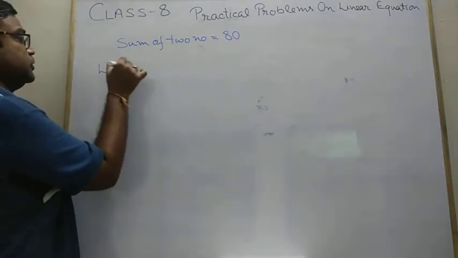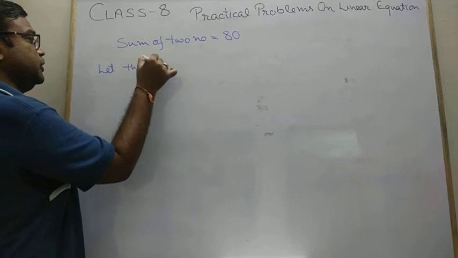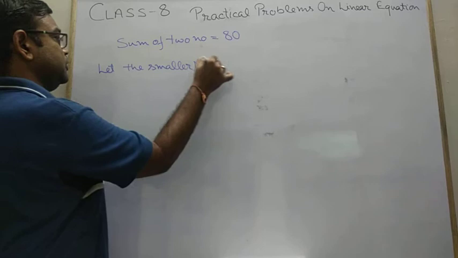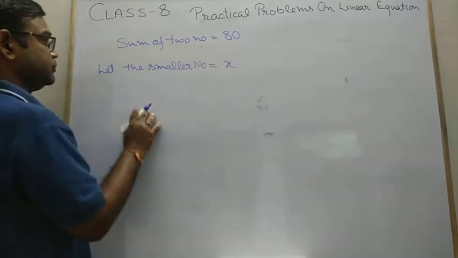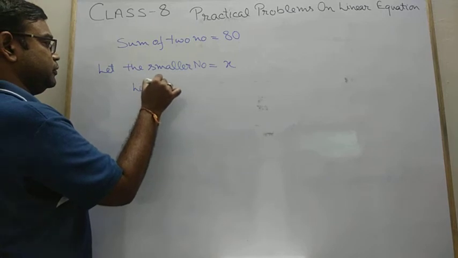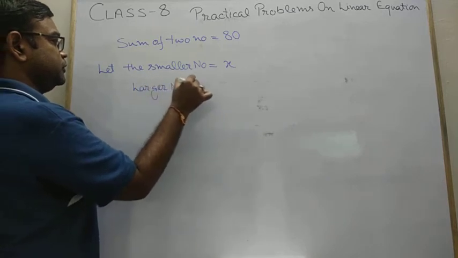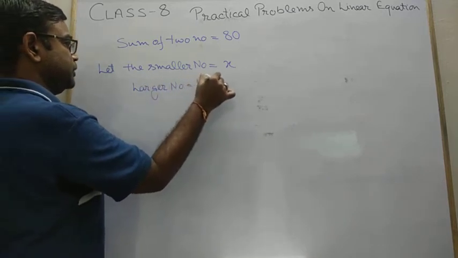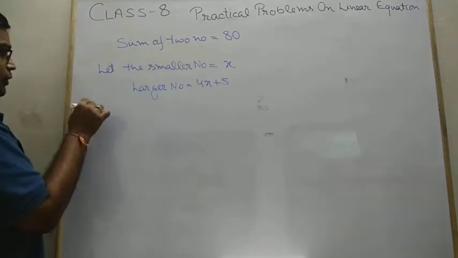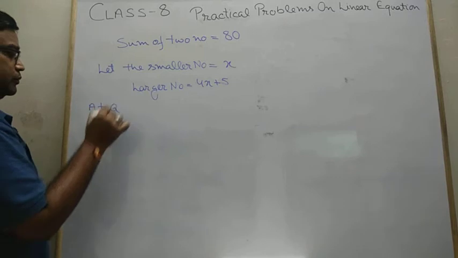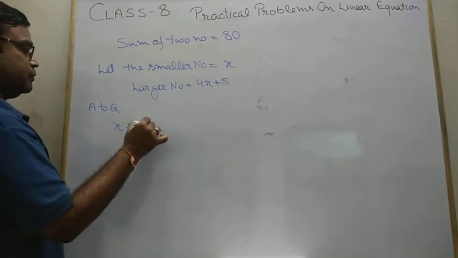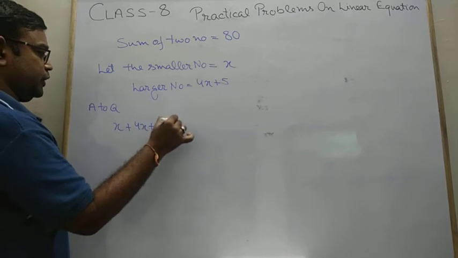You must suppose, let the smaller number equal x. The larger number is 4x plus 5, and their sum is 80 according to the question. x plus 4x plus 5 equals 80.